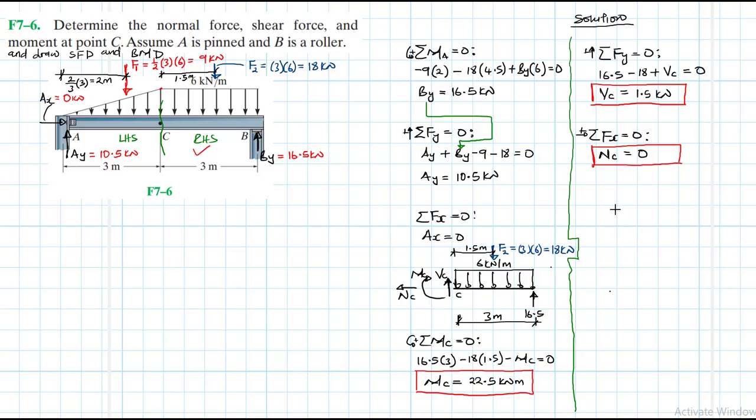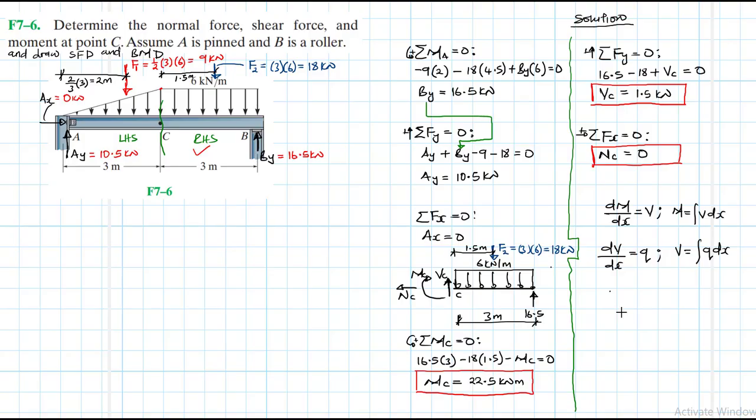We know that the rate of change of moment with respect to x is equal to the shear force, and therefore moment is equal to the area under the shear diagram. We also know that the rate of change of shear with respect to x is equal to the loading, and therefore our shear force itself is equal to the area under the load diagram.